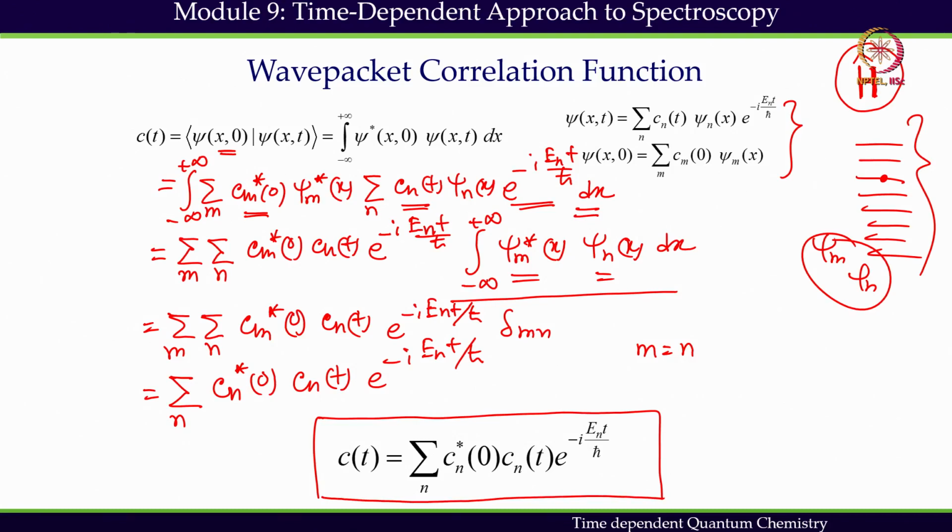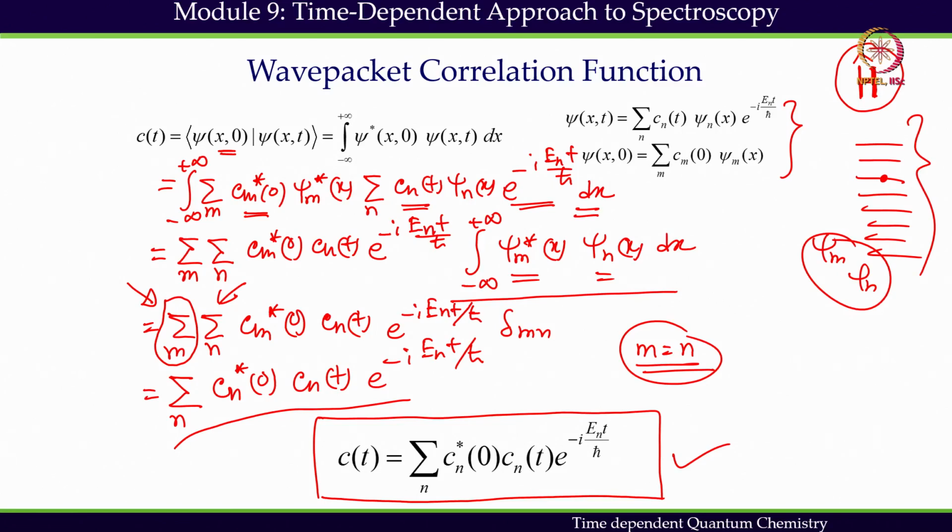All terms of this summation would be 0 except the term for which m equals n, and that is why this summation will exist. When we write each term explicitly, all terms will be 0 except the m equals n term, which will exist.